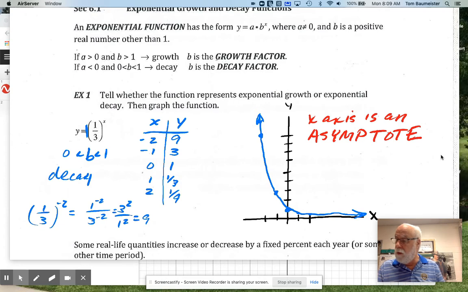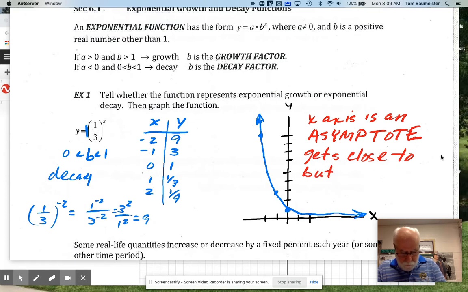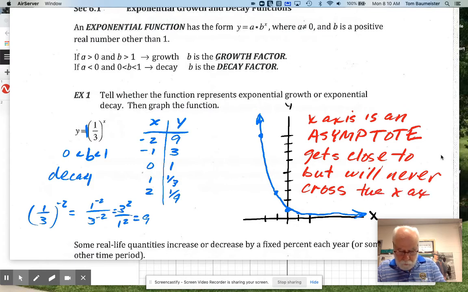If you recall from probably regular algebra 1, what we know about an asymptote is it gets close to but will never cross. In this case, the x-axis. Again, remember, when we do our shift laws, that can change for us.